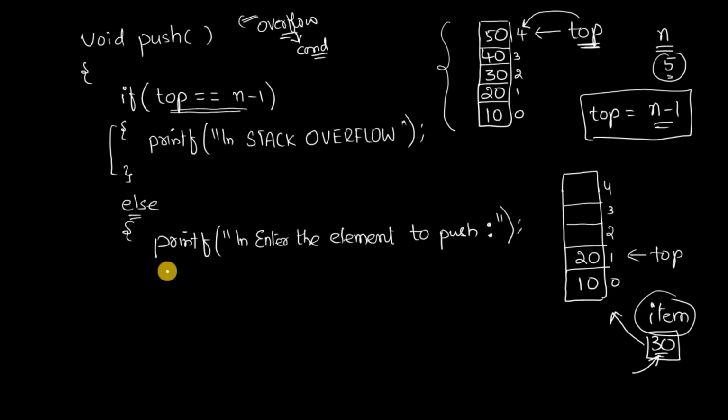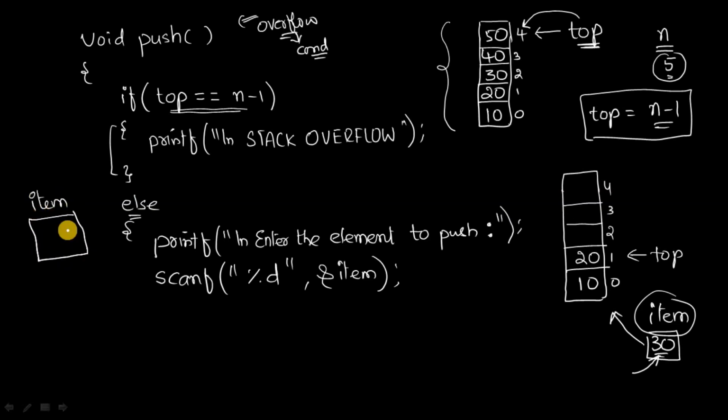So scanf %d, comma, address of item. That means if the user gives the value 30, that will be received by, or stored in, item.